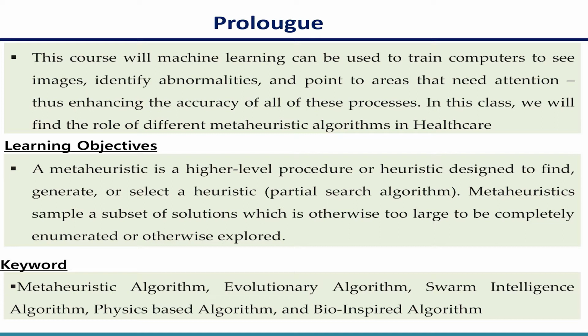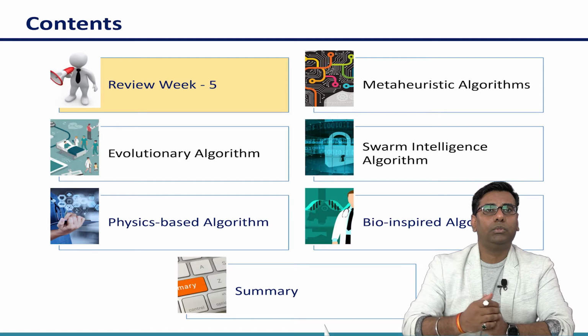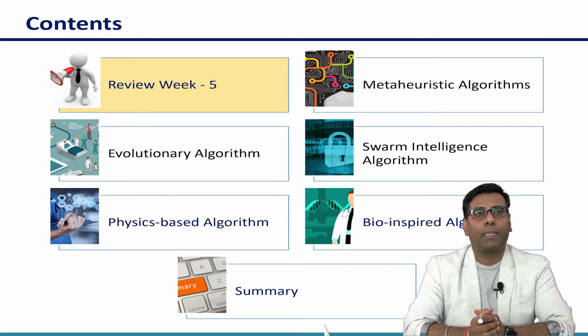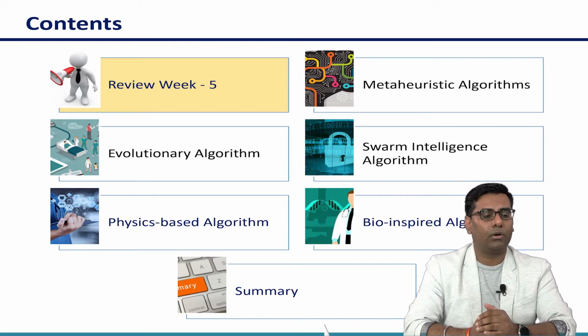The key examples of this class are a review of metaheuristic algorithms, then the kinds of metaheuristic algorithm: evolutionary algorithms, swarm intelligence algorithms, physics-based algorithms, bio-inspired algorithms, and so on. So this is our contents. First we will review week 5, revising some slides from the last class.